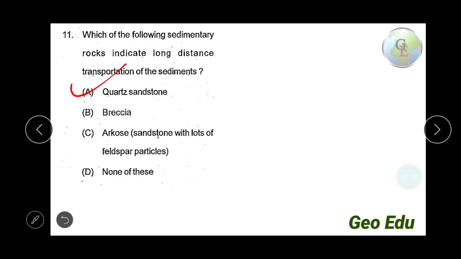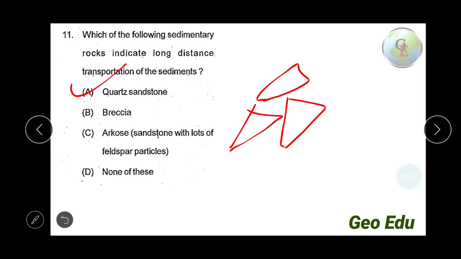Breccia consists of angular grains, and angular grains indicate in situ deposition without any transportation. And arkose consists of lots of feldspar particles, and feldspar is a less stable mineral. So this is not the answer, and the answer will be quartz sandstone. Next question.